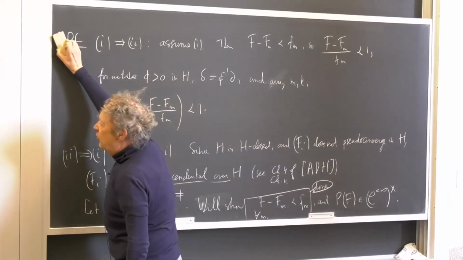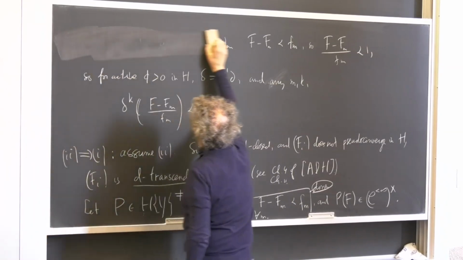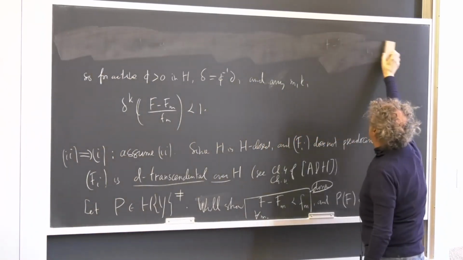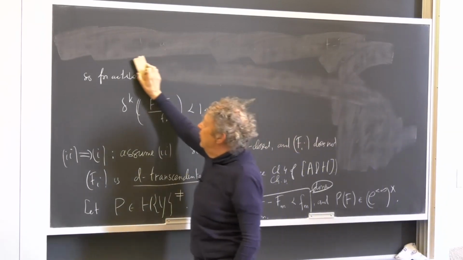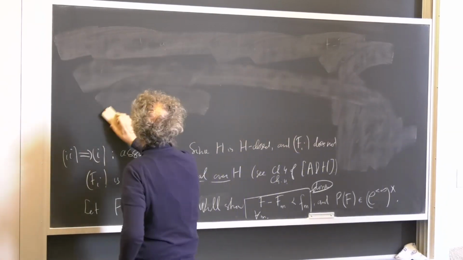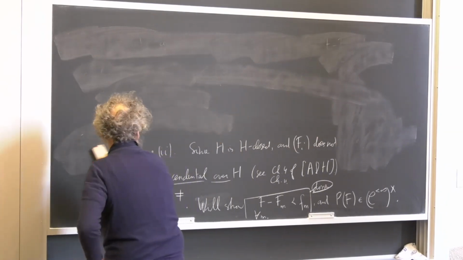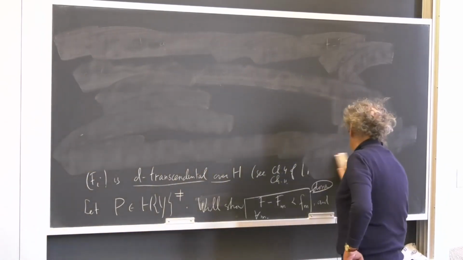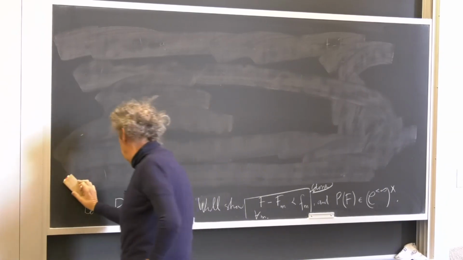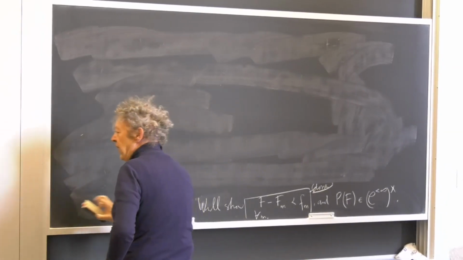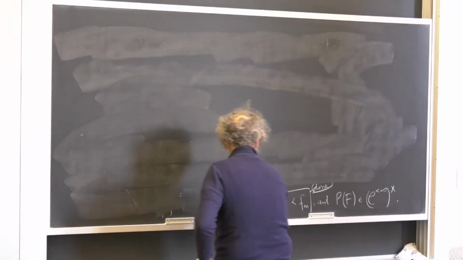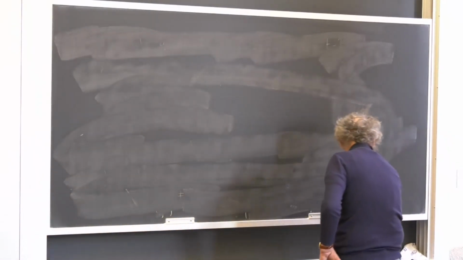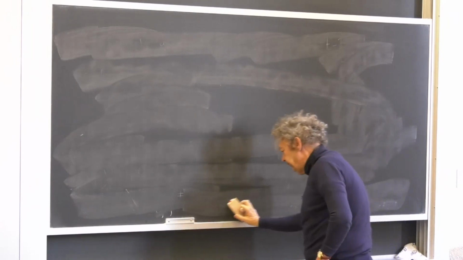If you look at the proof of 2 implies 1, you see that you can actually replace 2 by something that is a little bit more convenient for us. There are several variants of condition 2 that are just as good, but sometimes more convenient.